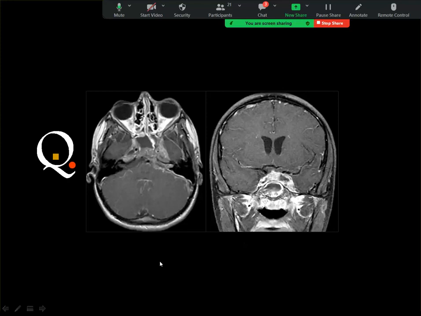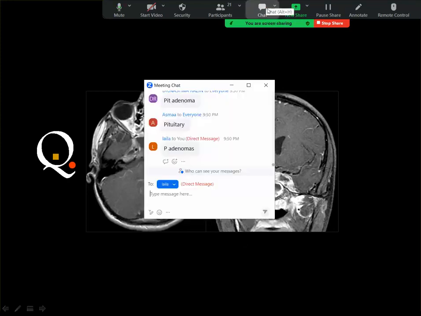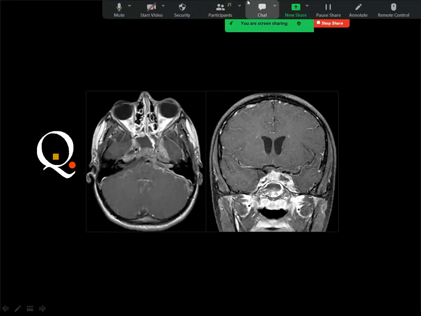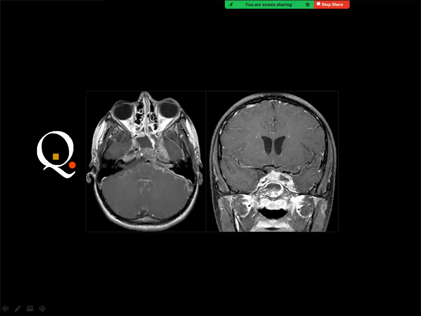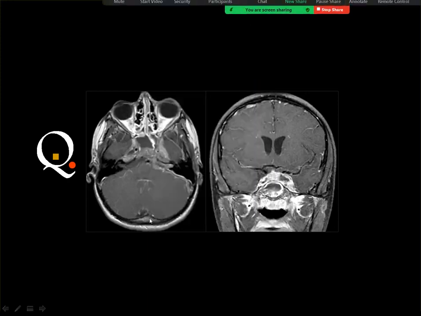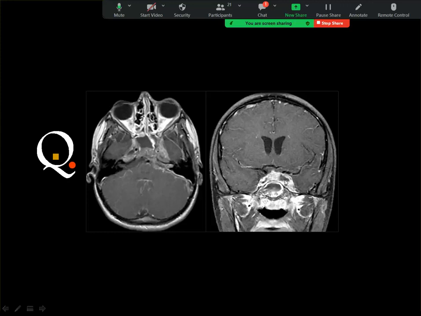Axial and coronal T1 with contrast. Okay, and if you look carefully here you see that there is inflammation of the sphenoid sinus with marginal enhancement denoting sphenoid sinusitis, and sphenoid sinusitis is one of the common causes of cavernous sinus thrombosis.